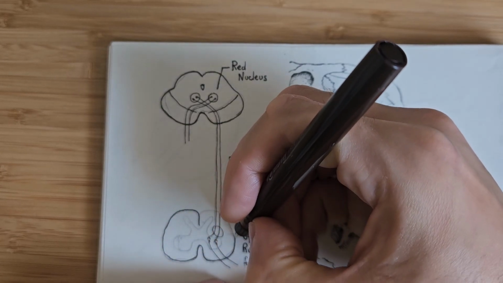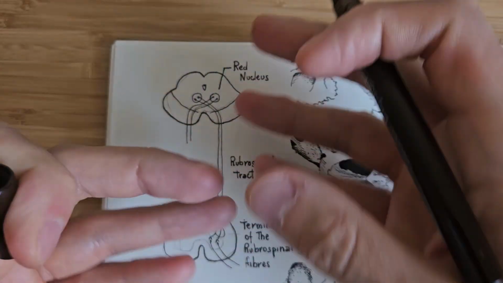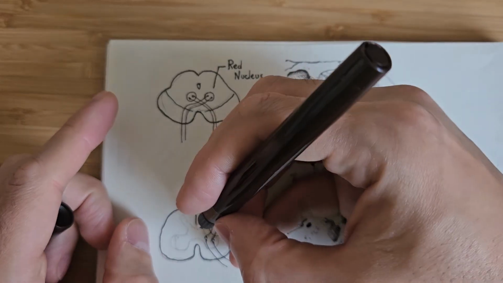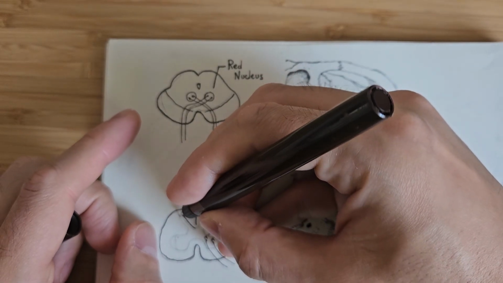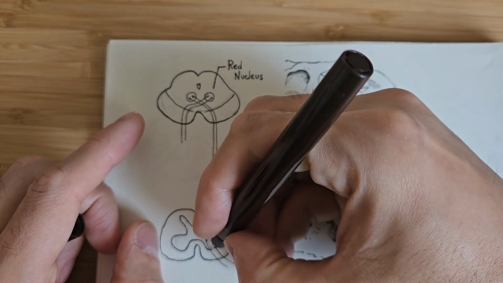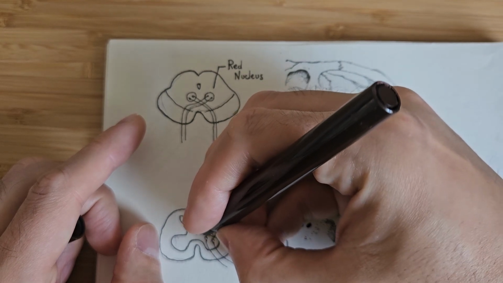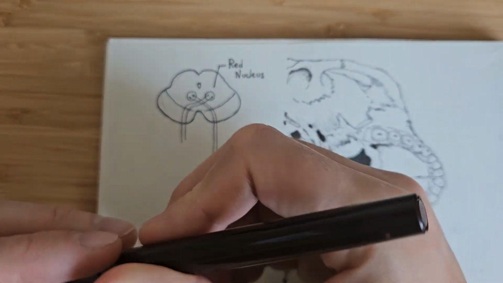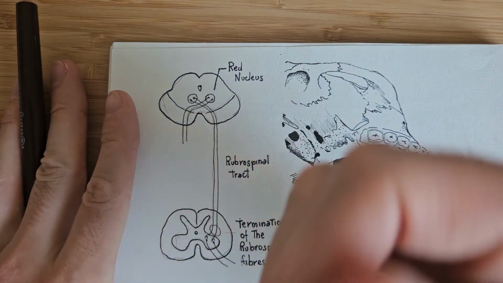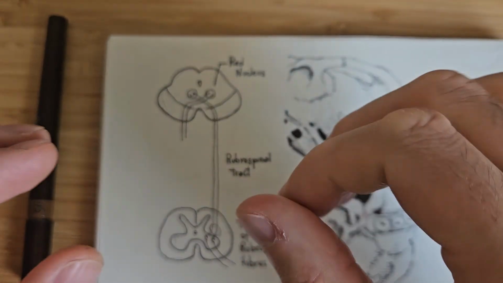You might be asking yourself what will happen in a situation where these structures are injured. If you're not asking yourself, you should. Let me just finish and then I will tell you. Okay. So, the rubrospinal tract is involved in modulation of muscle tone and coordination of voluntary muscles.